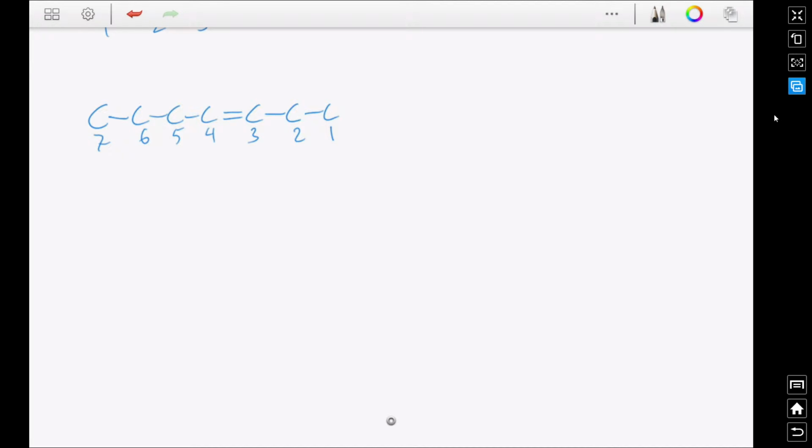So 7 carbons is usually called a heptane, but because we have that double bond, we're going to call this a heptene. Okay, and then we need to know where the double bond is located. Well, it's between the 3 and the 4 carbon, so we'll call it a 3-heptene. Okay. That's what we would do.